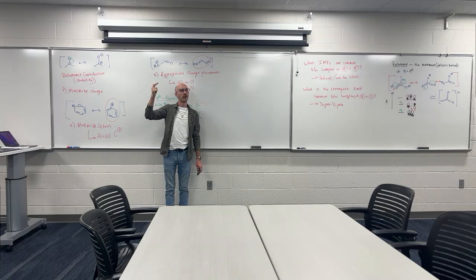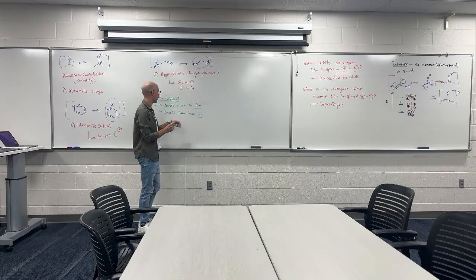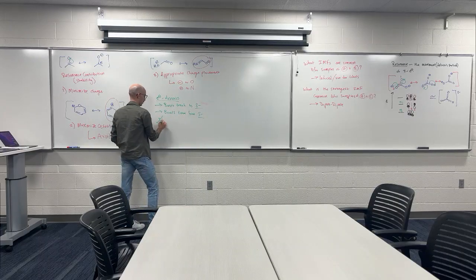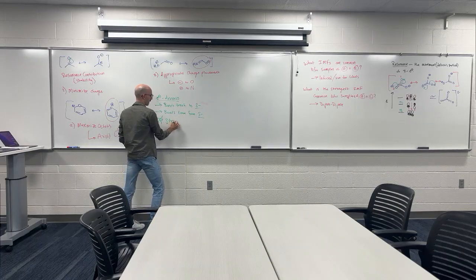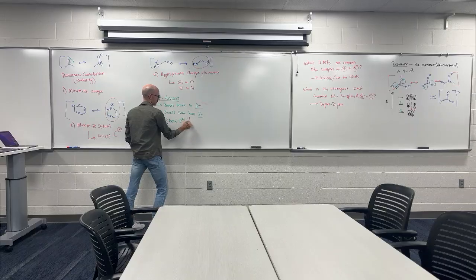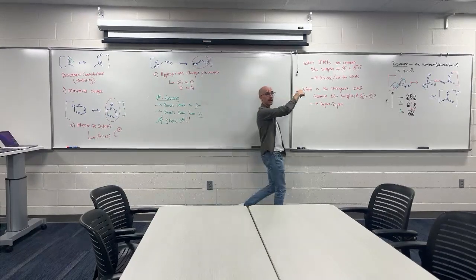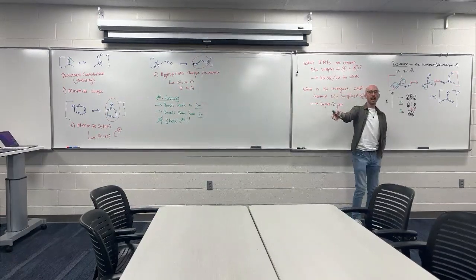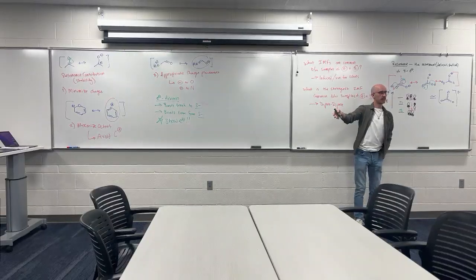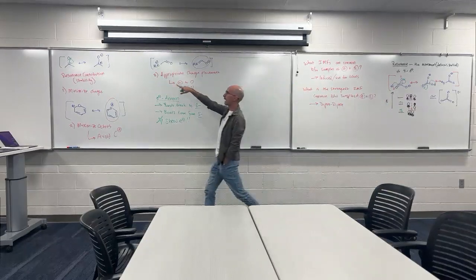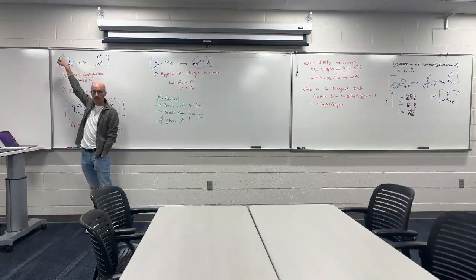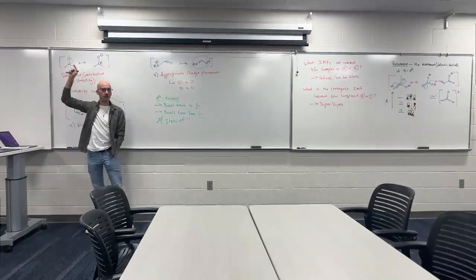A bond forms. Now, I cannot show electron arrows without showing electrons. Here, the negative charge implies my lone pair of electrons. Here, my bonds are my electrons.